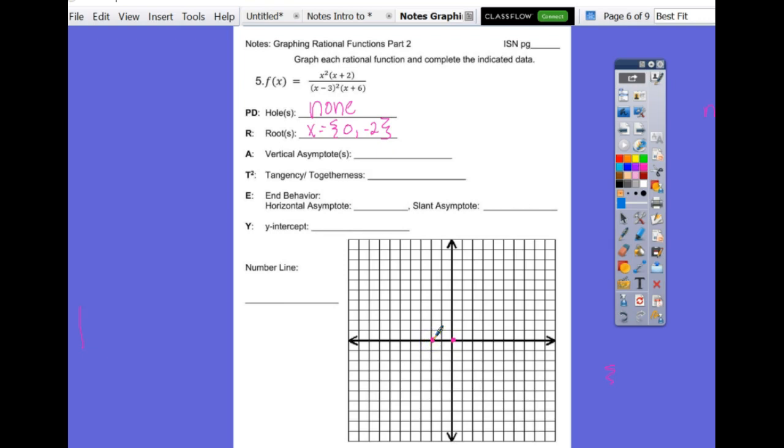My vertical asymptotes come from the denominator. So my vertical asymptotes would be 3 and -6. So I'm going to go ahead and put those on my graph as well. So I'm going to put 1, 2, 3 and -6.